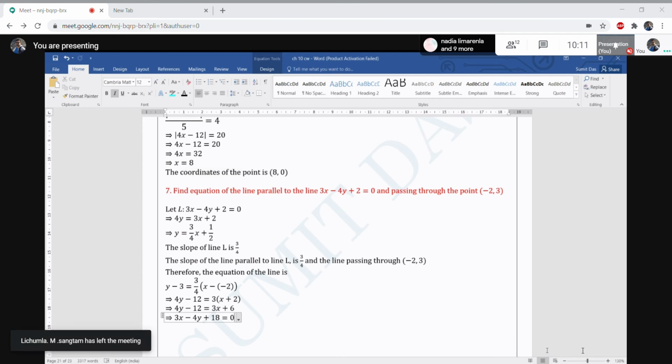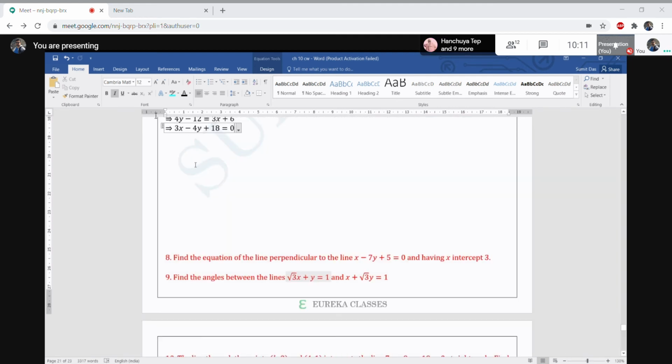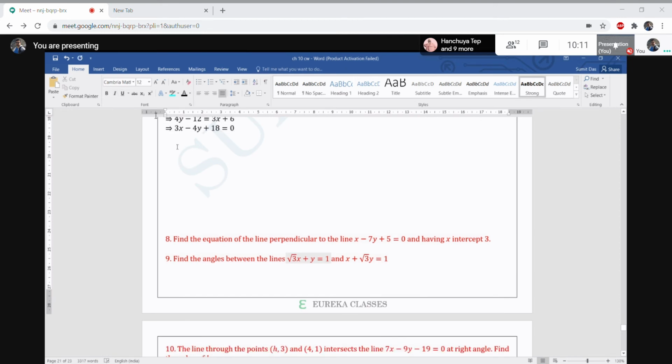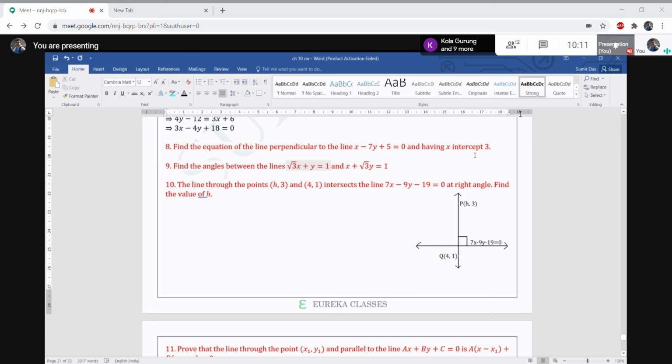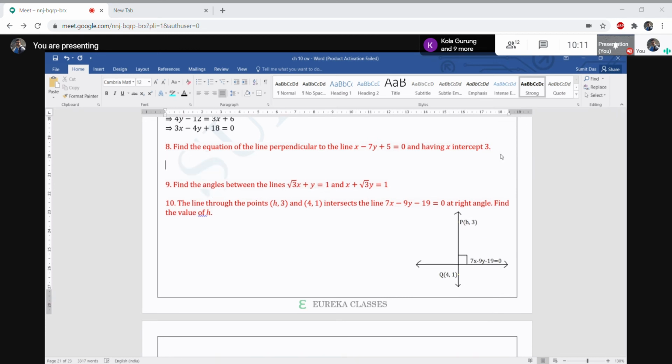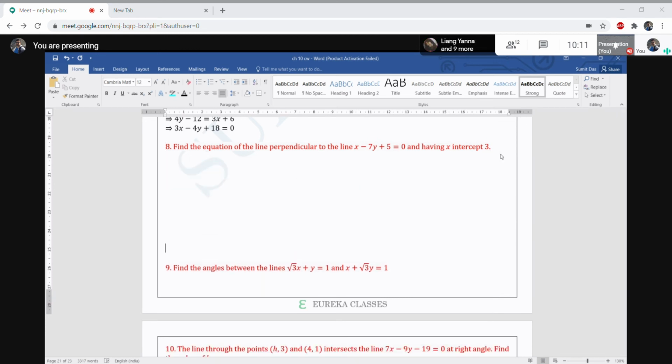Question number 7. Next, question number 8. Question number 8 is saying, find the equation of the line perpendicular to this line and having x-intercept 3.